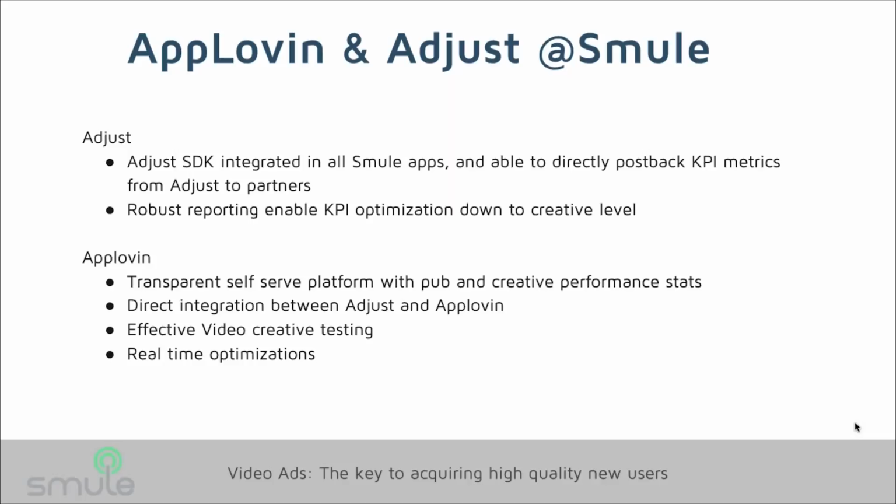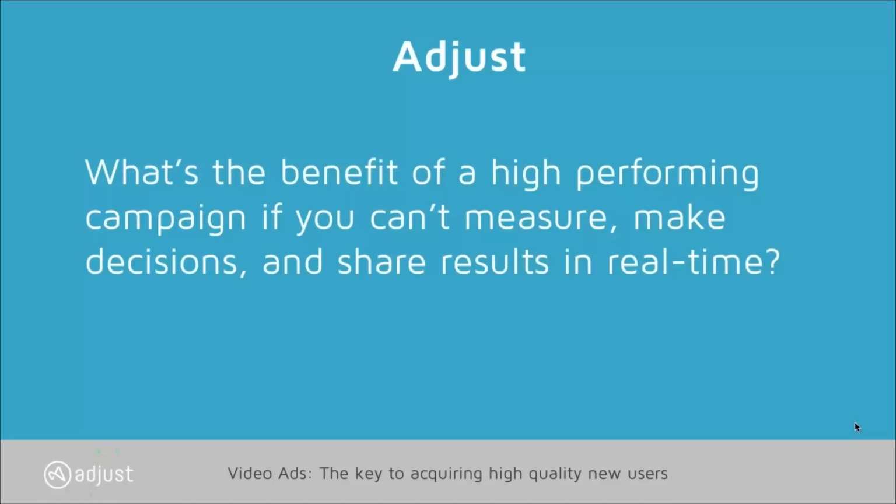With the effective integration between Adjust and Applovin, we're able to do this very seamlessly without a lot of work on the Smeal and advertiser end. And with the support that we have from Applovin, we're able to test creatives on a schedule and optimize accordingly. So that's how we do that at Smeal.